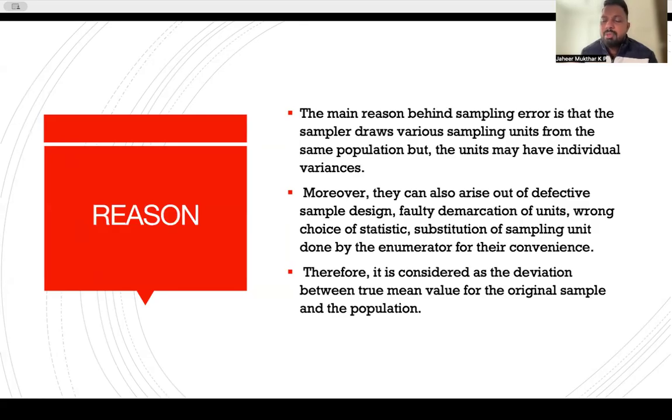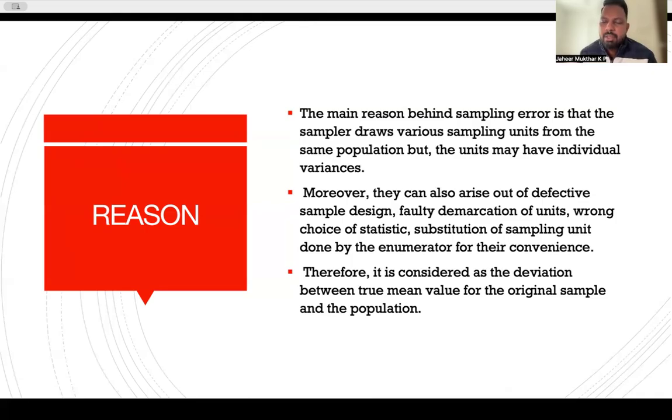The most important reason for such error is a faulty sample design. We have different techniques for collecting samples, like probability and non-probability sampling. If you choose an inappropriate sampling technique for a particular study, for example going for convenience sampling instead of simple random sampling, it will lead to this kind of error.